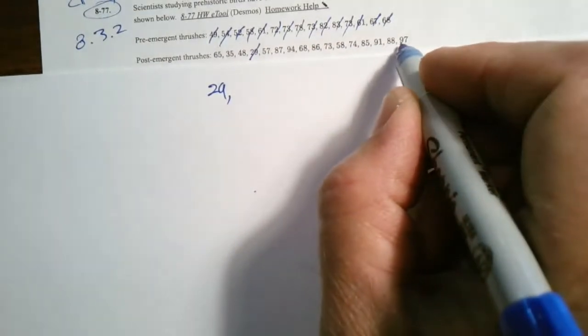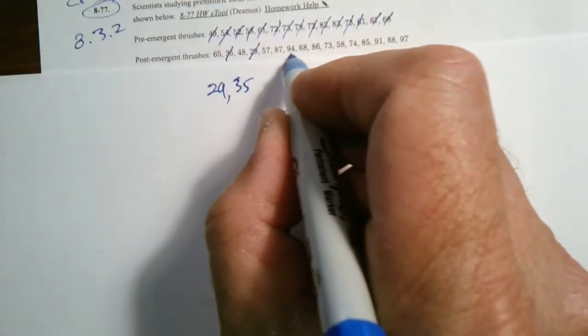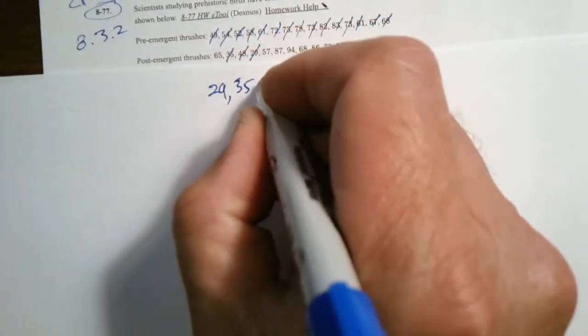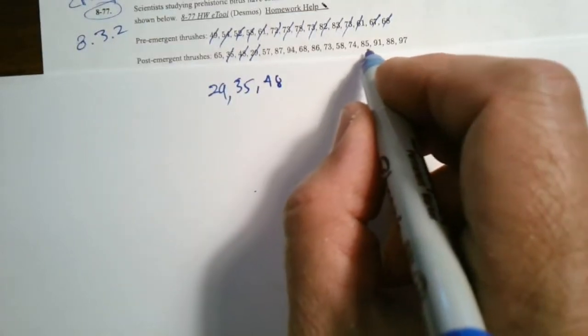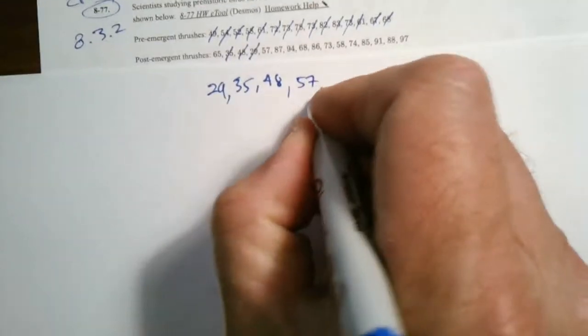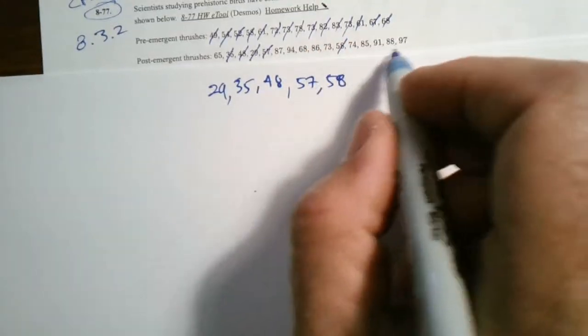Then 35, 48. Okay, I think I'm in the 50s. I have a 58 and a 57, so we'll go 57, then 58. Now I'm in the 60s.